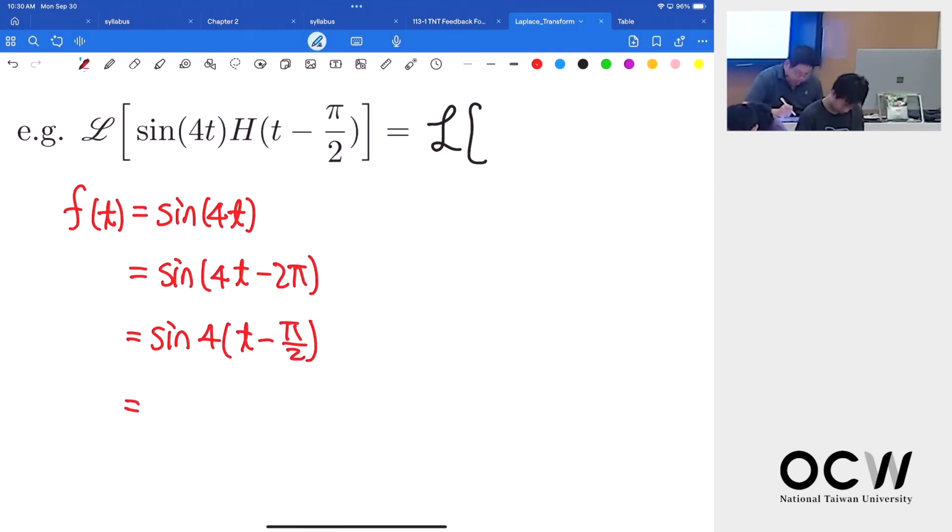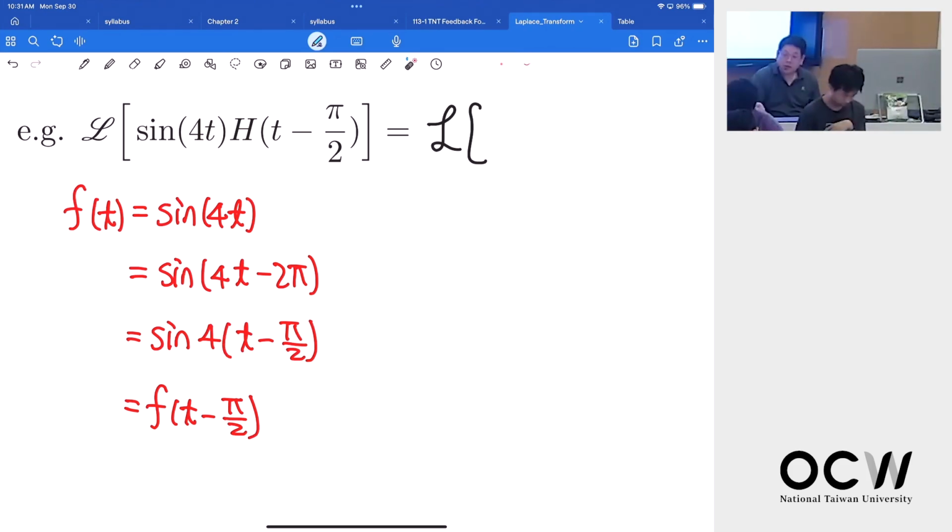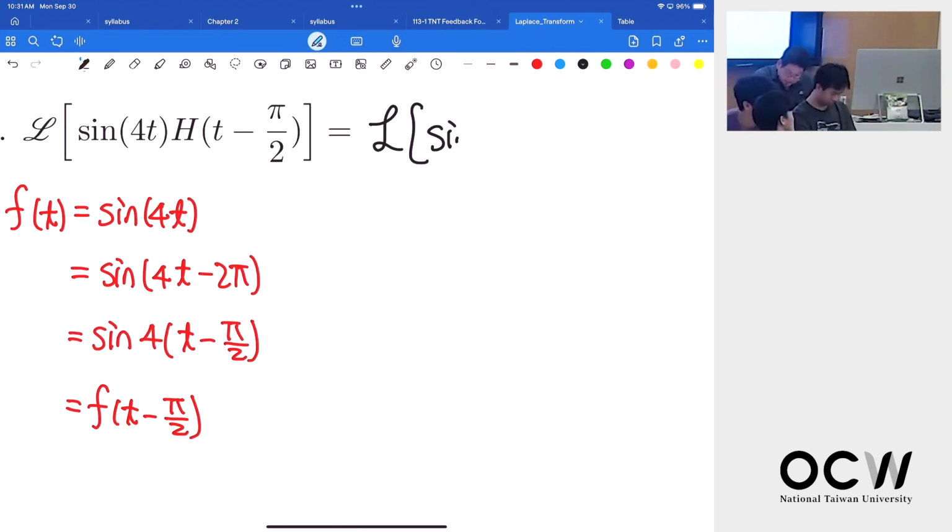So sine 4t, if this is f of t, it is also equal to f of t minus pi over 2. So I can replace t by t minus pi over 2. So here we have sine 4, and t becomes t minus pi over 2.